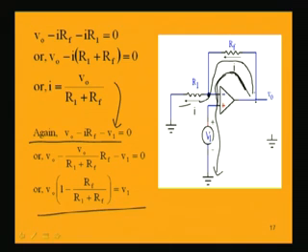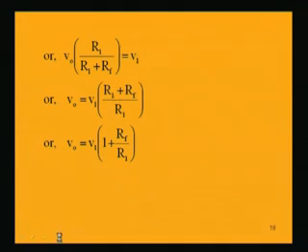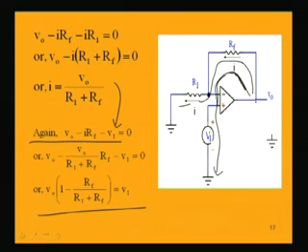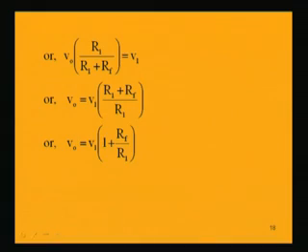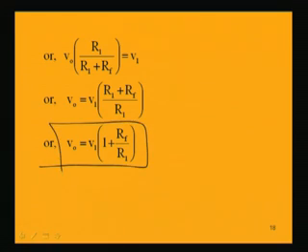Simplifying, it will be V naught into R1 by (R1 plus Rf) equal to V1. So, V naught equal to V1 into (R1 plus Rf) by R1, cross multiplying. Finally, we get V naught equal to V1 into (1 plus Rf by R1).